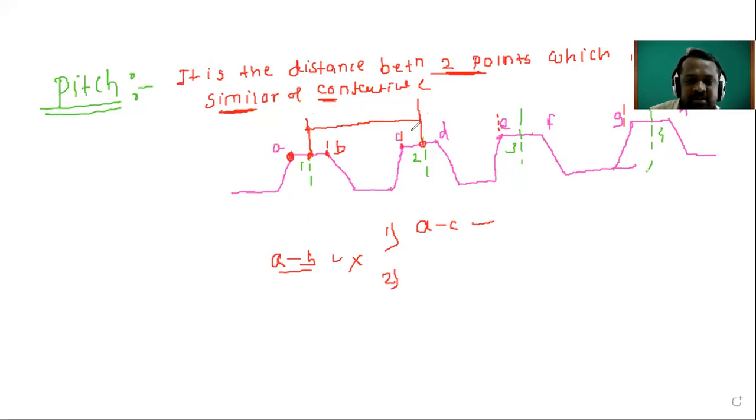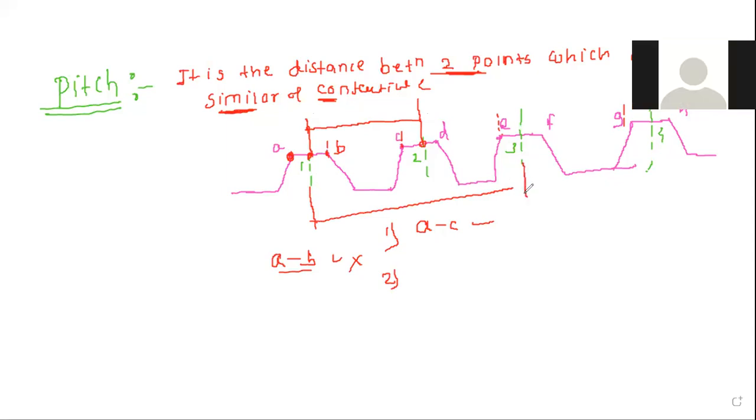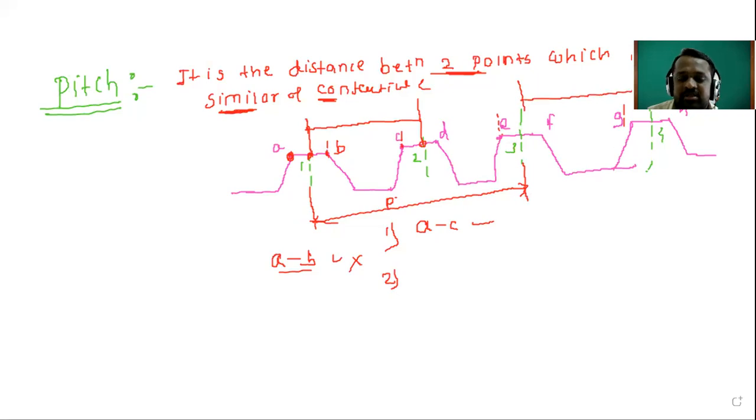Suppose I have measured the distance between 1 to 3, is it pitch? No, it is not a pitch because it is not consecutive. Salag nahi. And suppose we have measured 3 to 4, it is pitch, because they are similar and consecutive points. So understood what is meant by the pitch? Yes, sir.